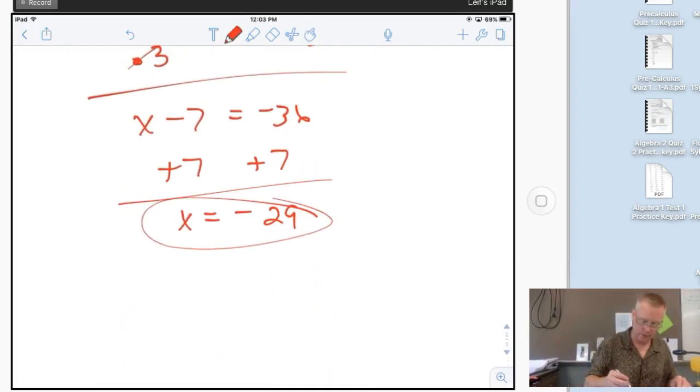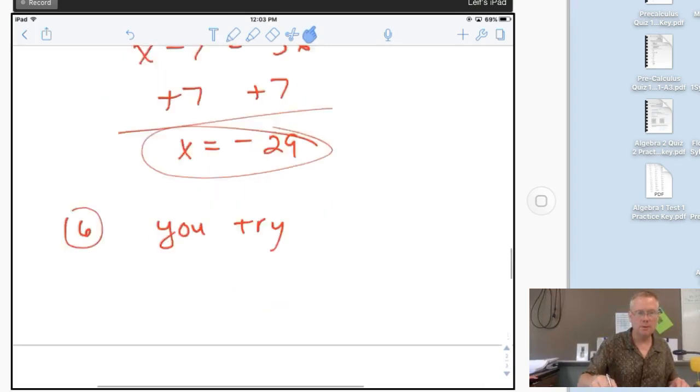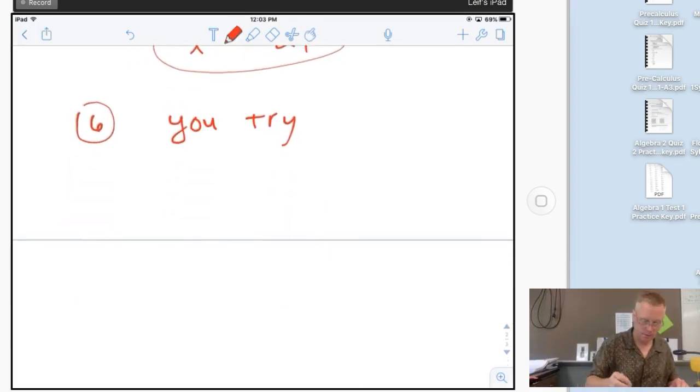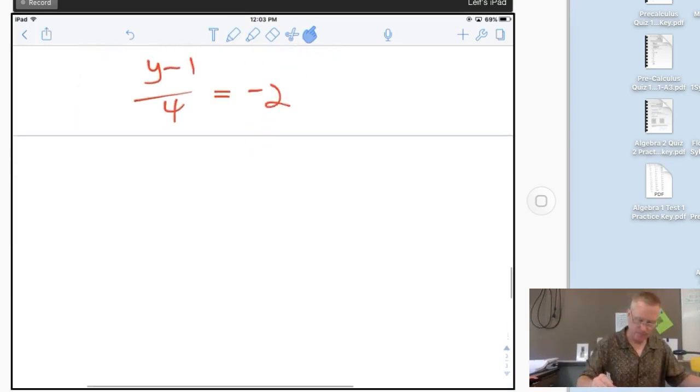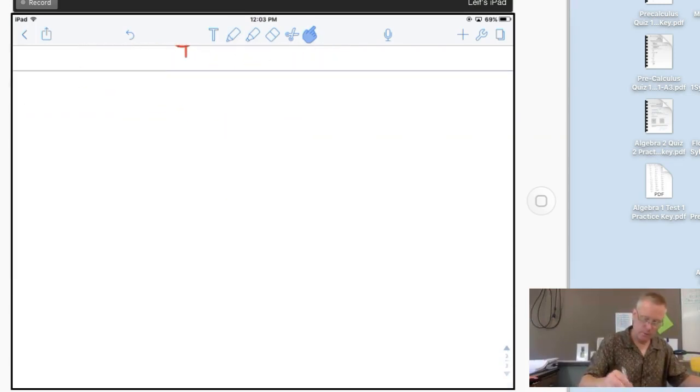Number 6. Have this be a you try. See if you can do this one. y minus 1 over 4 equals negative 2. So I'd like you to try that one and bring it to class for me. Number 7.